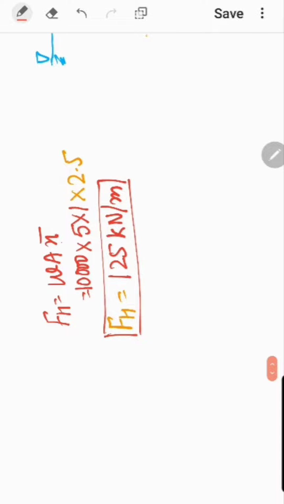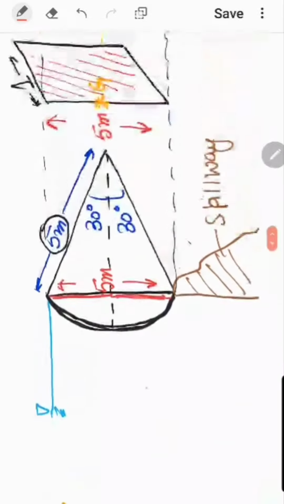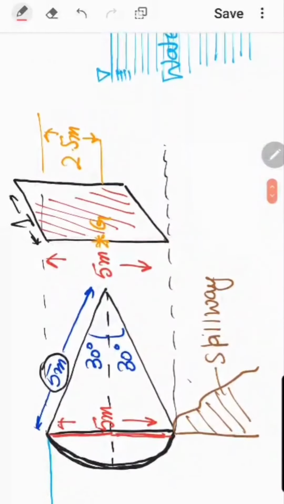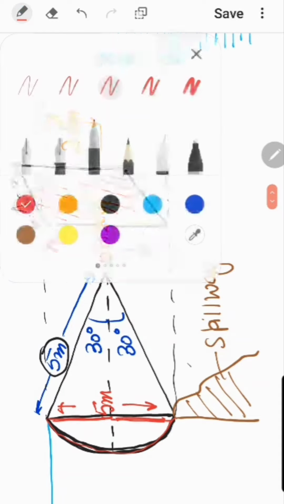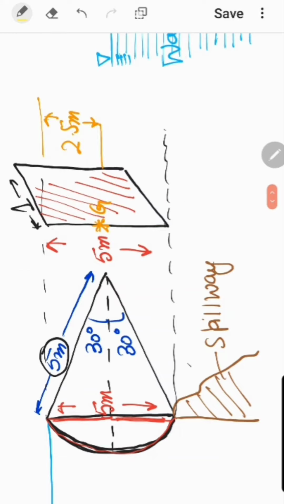Now let us move on to the vertical force acting on this sector. To find out the vertical force, as only this black color curved surface is inside water, as taught in the classroom, the vertical force acting on this curved surface is going to be the weight of the fluid contained by this yellow color portion that I am showing here.